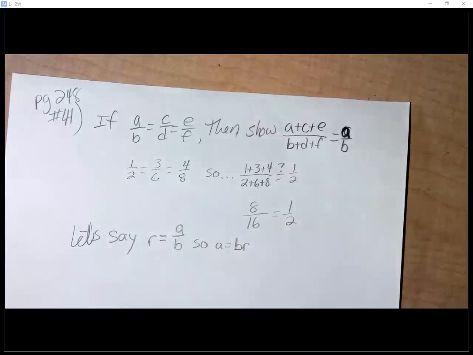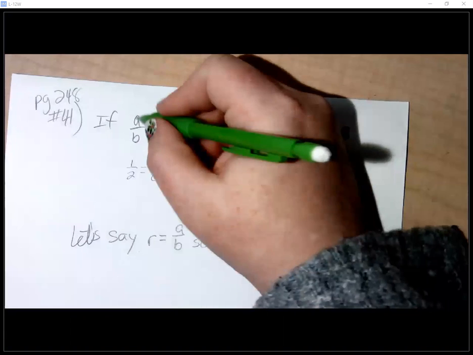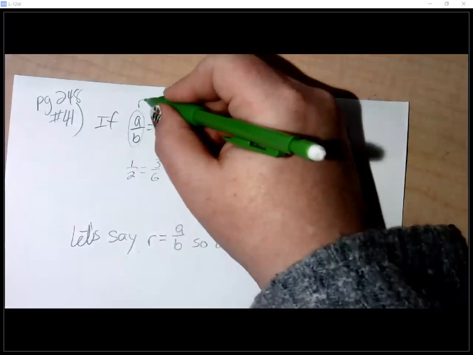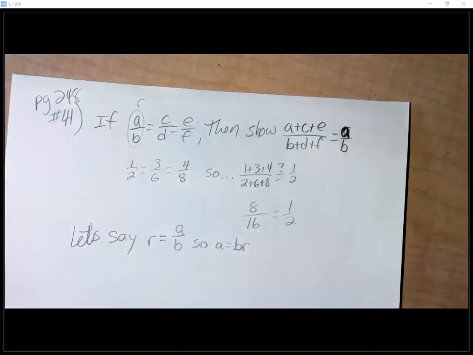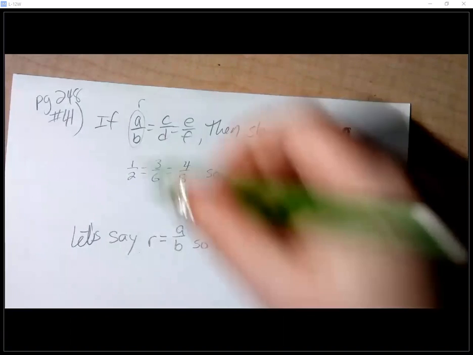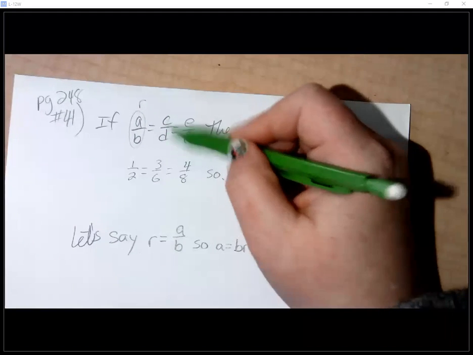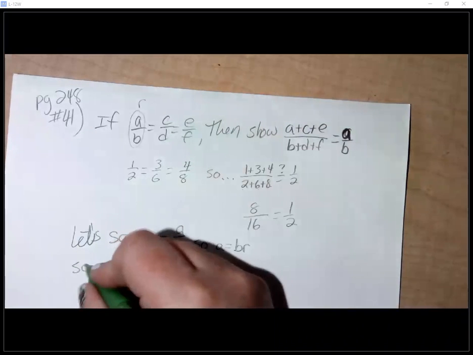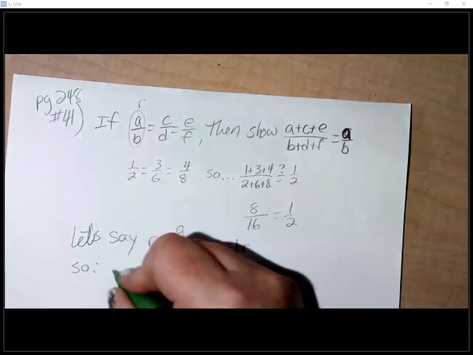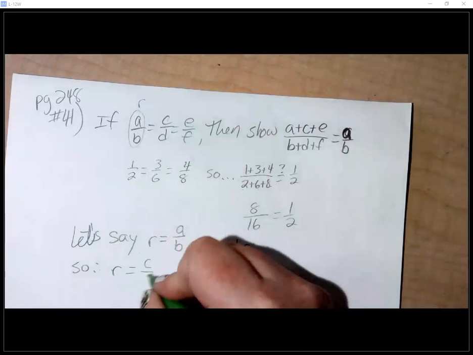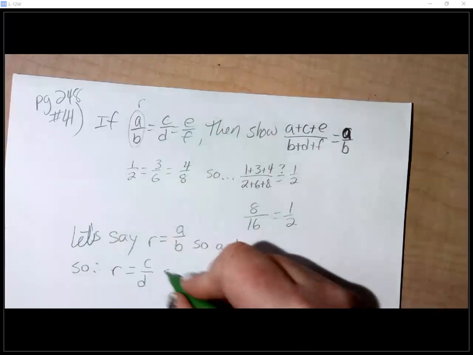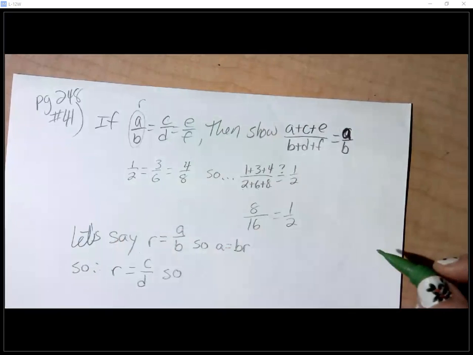Now watch this. So I have replaced this with R, right? So now I could say that R is equal to C over D. So therefore, R is equal to C over D. Couldn't I do the same thing and get C equal to D times R?